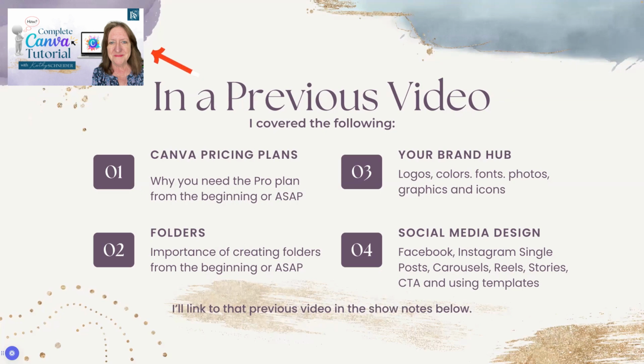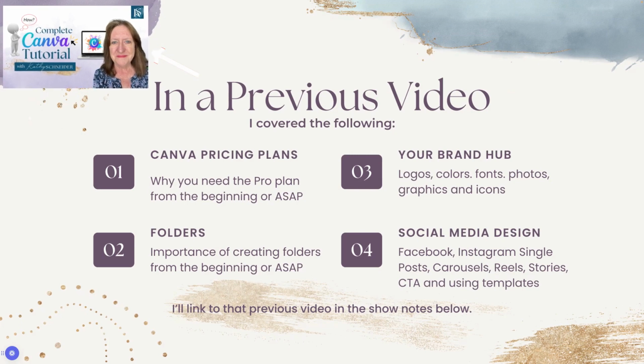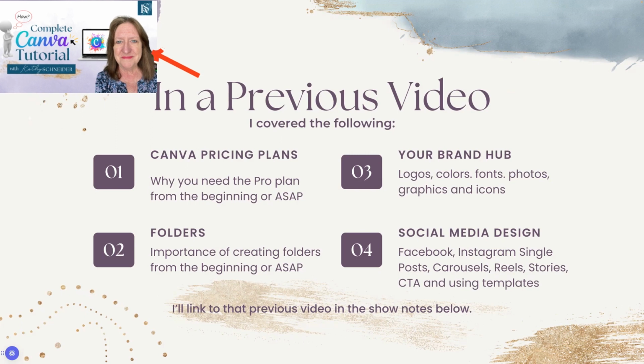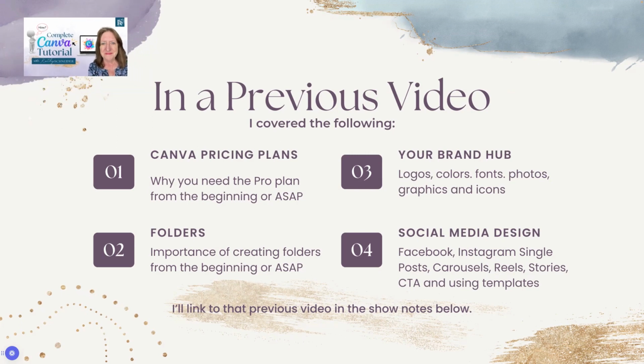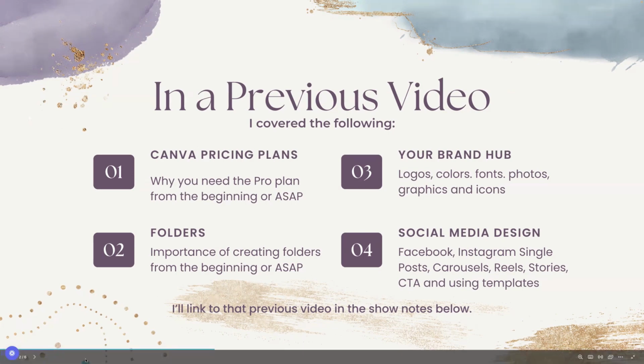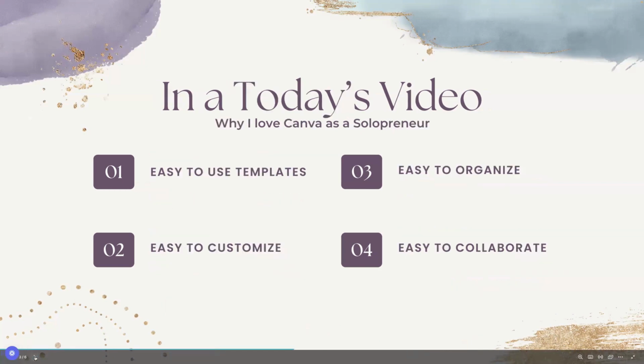And then we did some social media design for Facebook, Instagram, single post, carousels, reels, stories, and then we talked about call to action and using templates. I am not going to cover those things again in this video because that would be kind of silly, because those things have not changed. I will link to that previous video in the show notes though. So if you're needing any of this information, be sure and watch the video at the link down at the bottom.